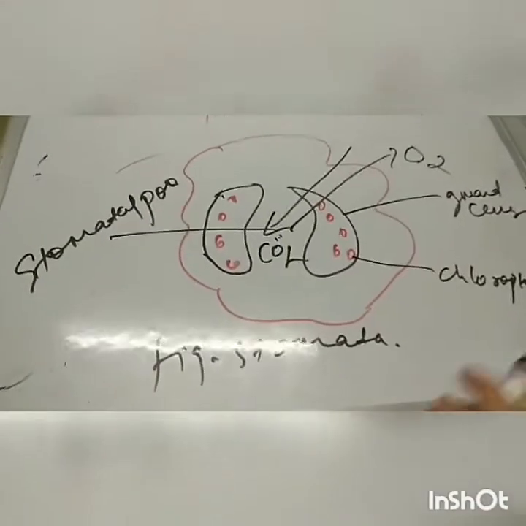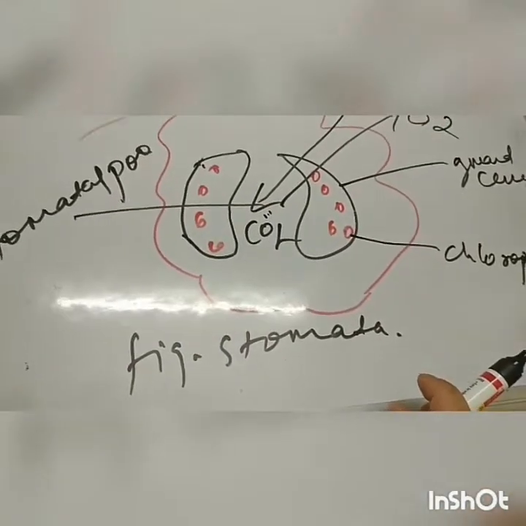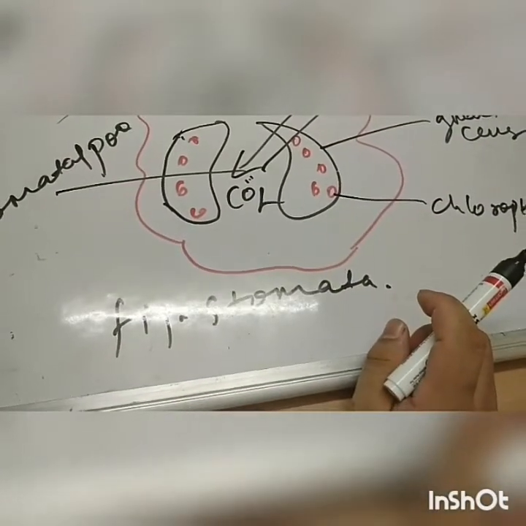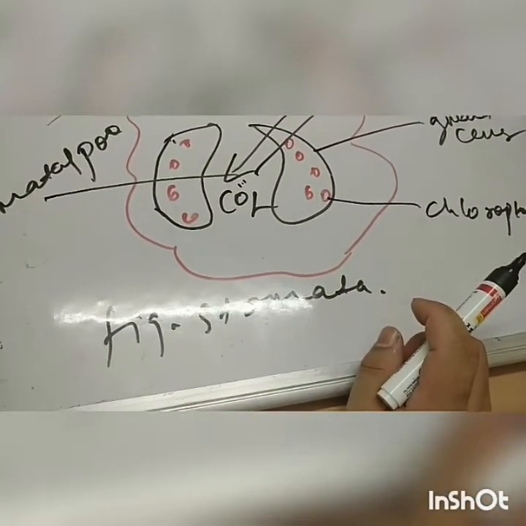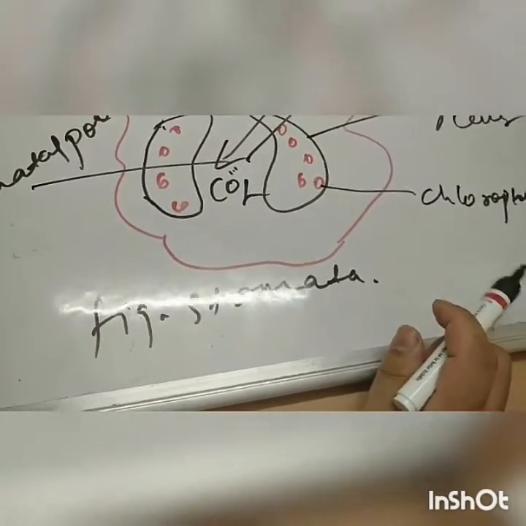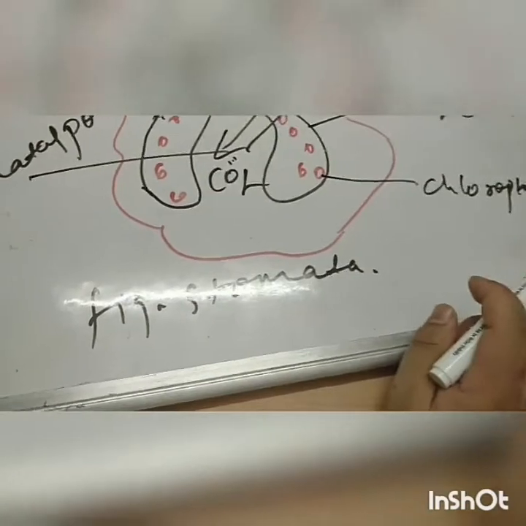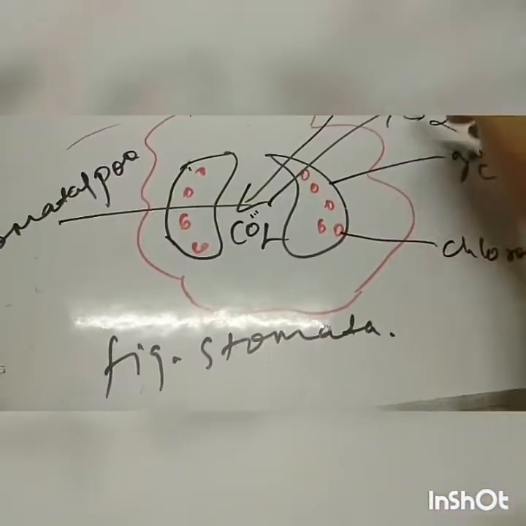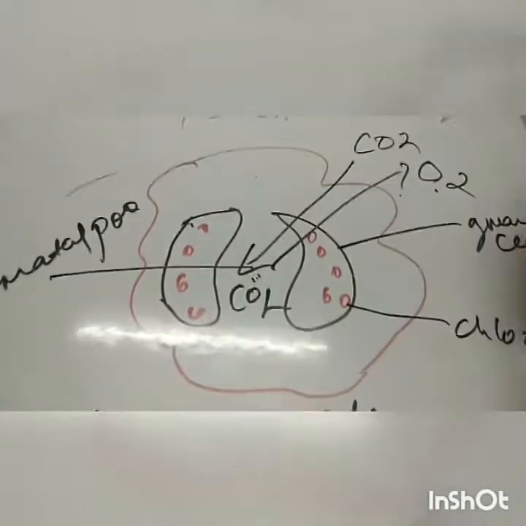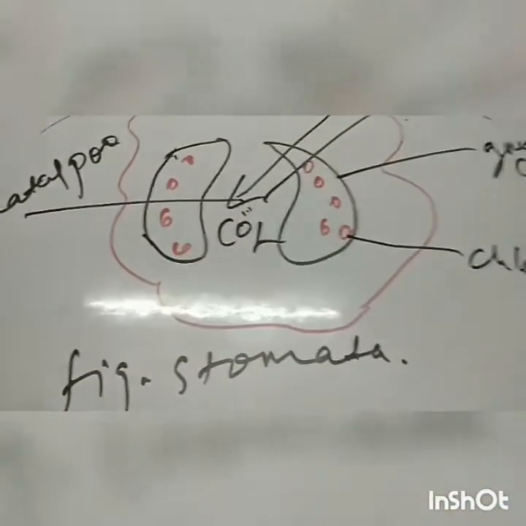Normally this takes place during daytime. In nighttime, the plant doesn't go through photosynthesis, because only in daytime does the sunlight come and photosynthesis take place. So carbon dioxide comes in and oxygen goes out through a pore.